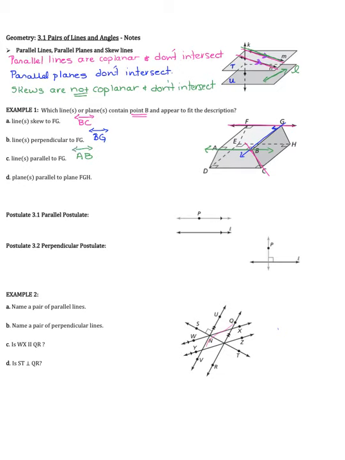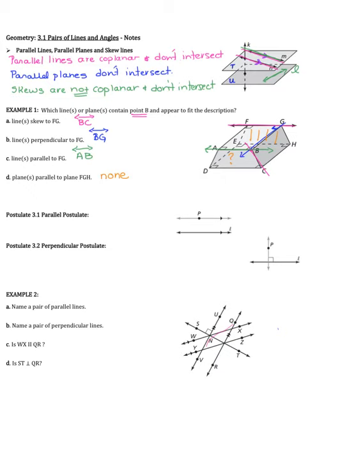And then we have, passing through B, a plane that is parallel to plane FGH. So plane FGH is back here. And the problem is we don't have any markings that say that that is sitting up perpendicular and ABC, the plane in front, is also. So we don't know if those would be parallel. So in this case, we'd have to say there's none. None that we can definitely say because we don't have the markings to support it.